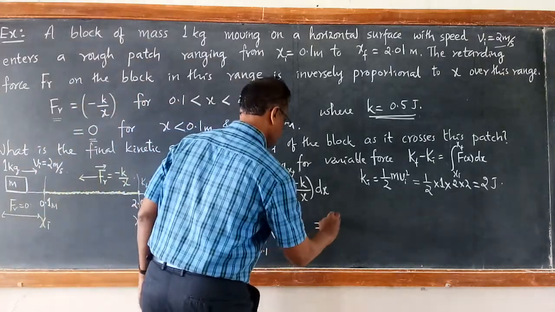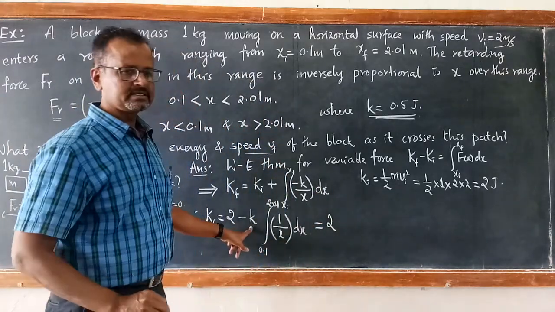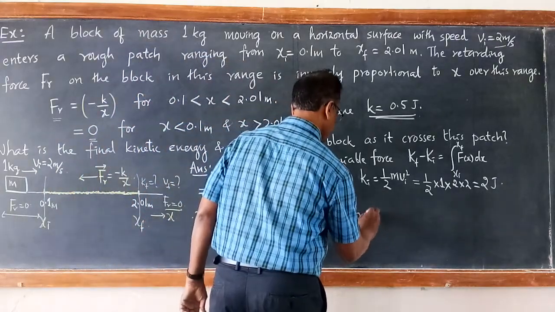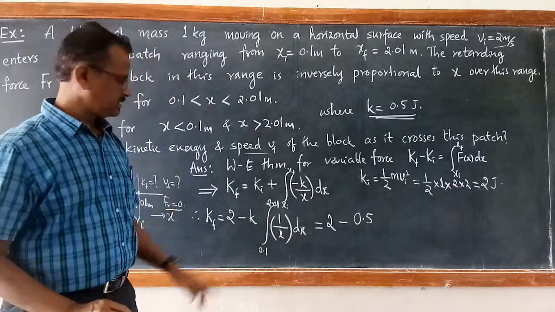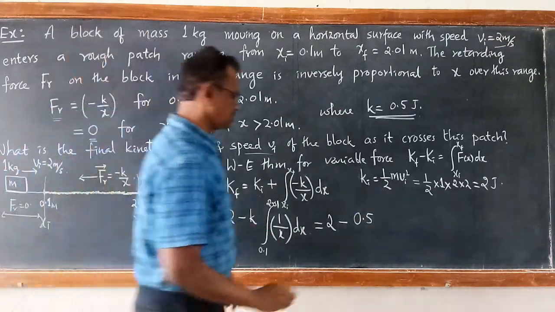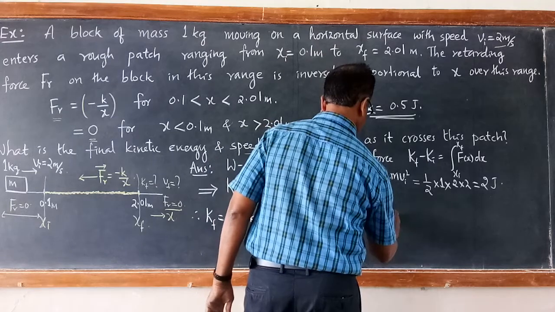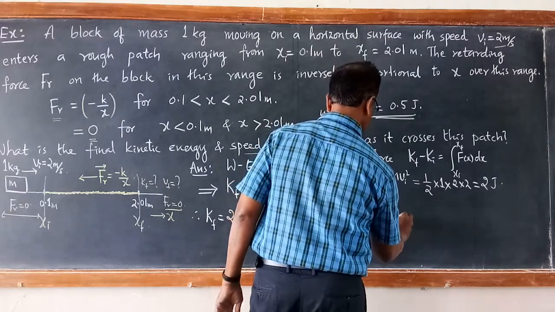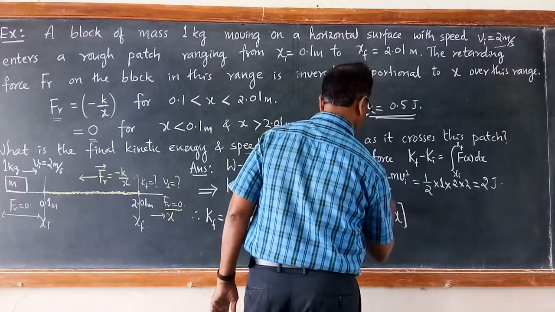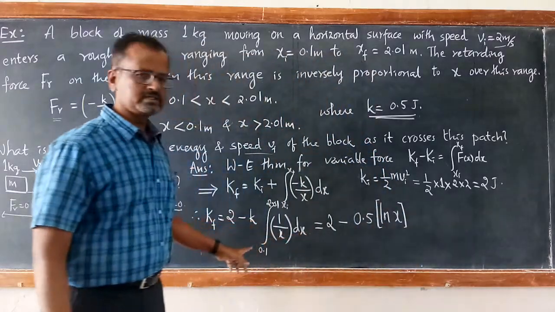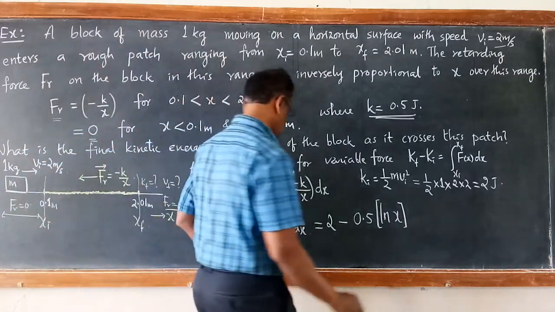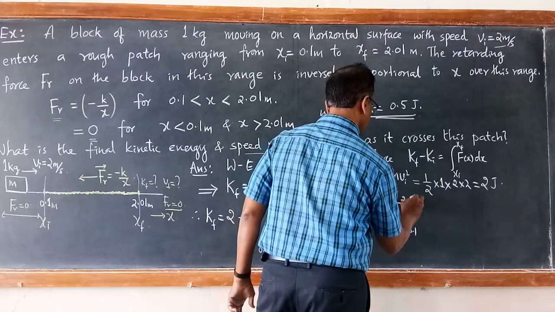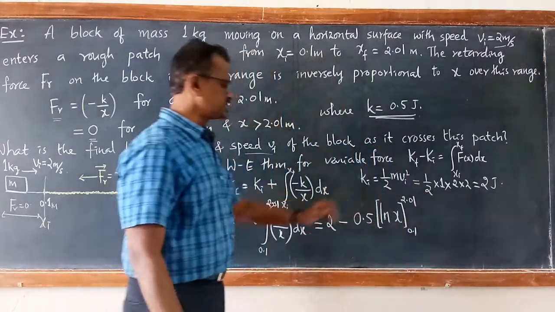Now I will substitute 2 as it is, minus k, which is 0.5, integral of 1 by x dx, which is natural log x. We put the square bracket because it is a definite integral, lower limit 0.1, upper limit 2.01. So this gives us the result.